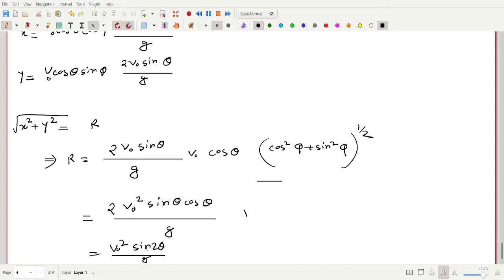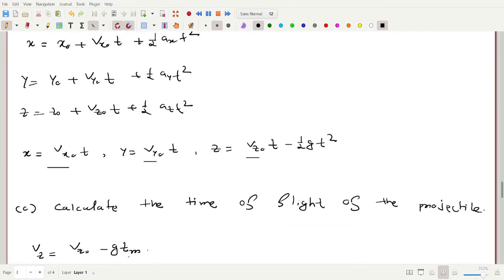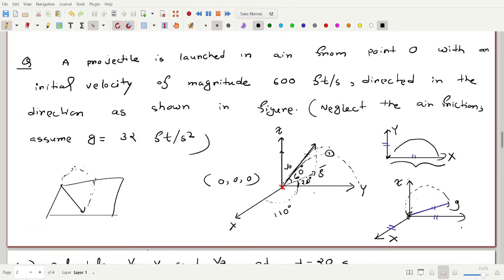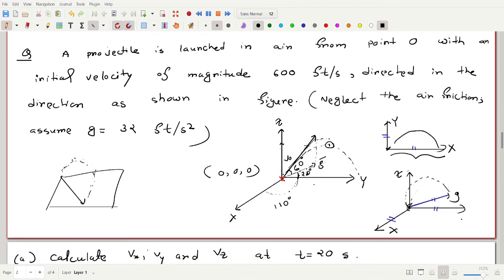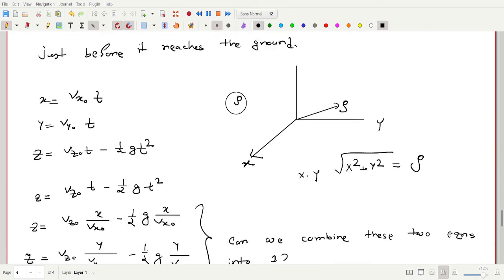The exact equation we get for projectiles that we have seen so far, but the angle is now between v naught and the projection of v naught onto the xy plane, not with the x-axis.